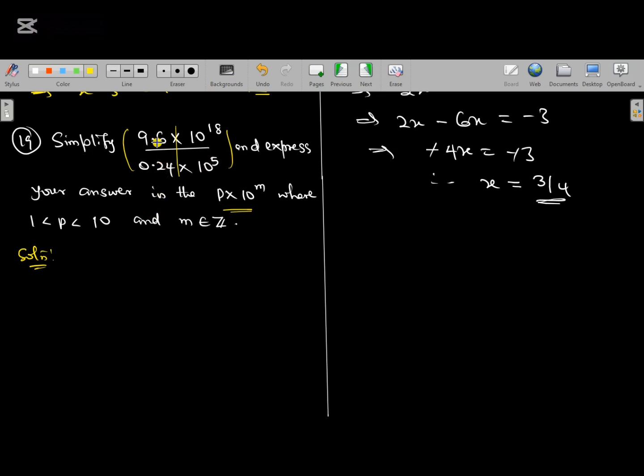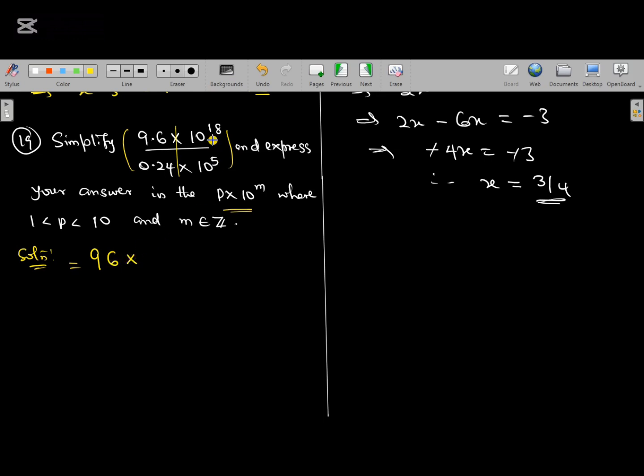Or you can actually make this a whole number first, and then do the division, which is possible, because I can bring out 10 here. I know that if I use 10 to multiply this 9.6, that will give me 96.